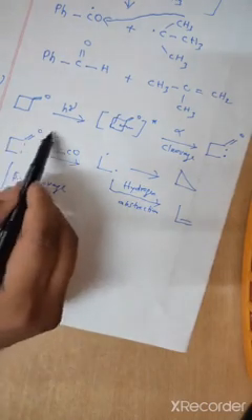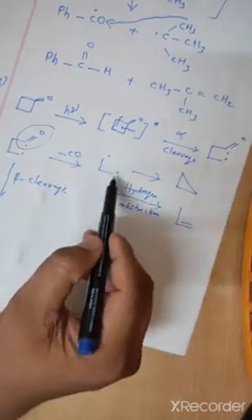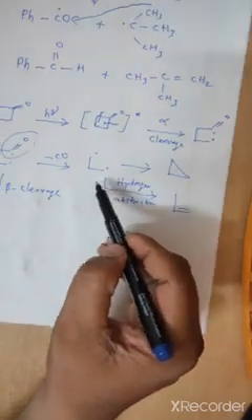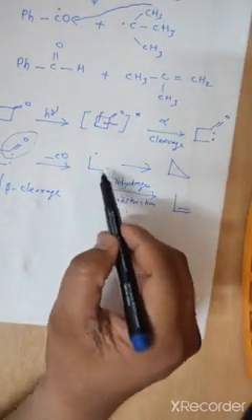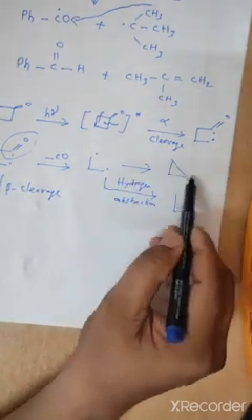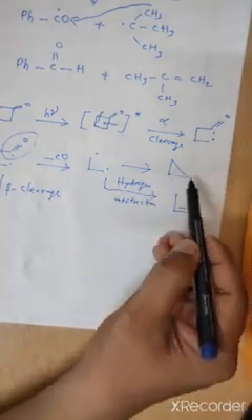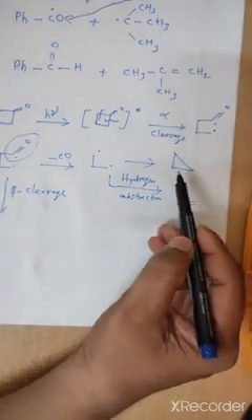This carbonyl is removed, so a biradical is formed. This biradical undergoes two different processes: cyclization, that is ring closure. So the cyclic product is like this. Cyclopropane will form.